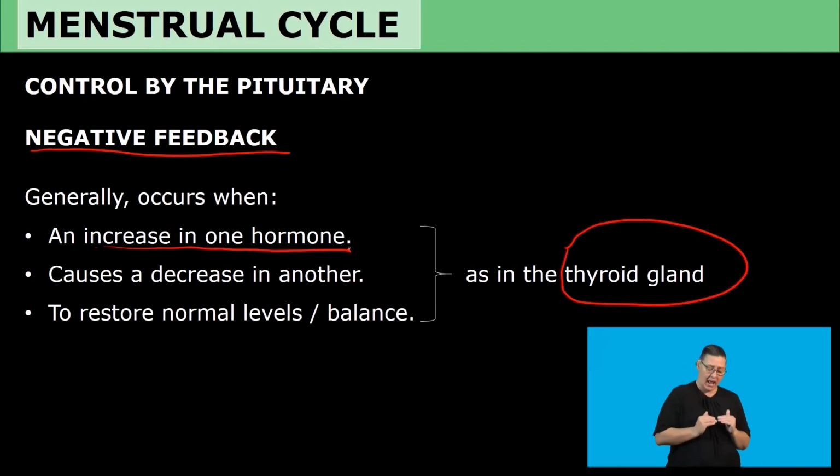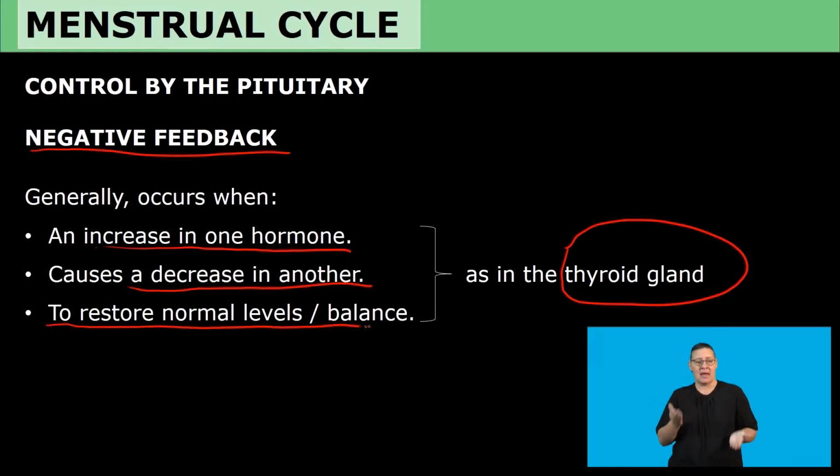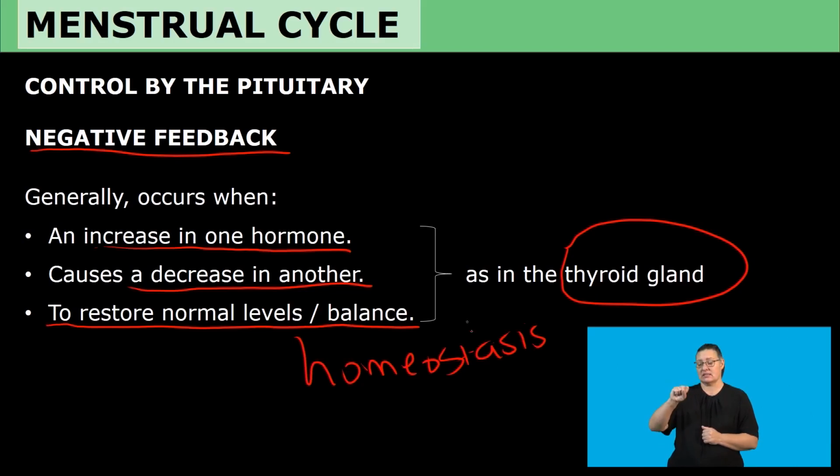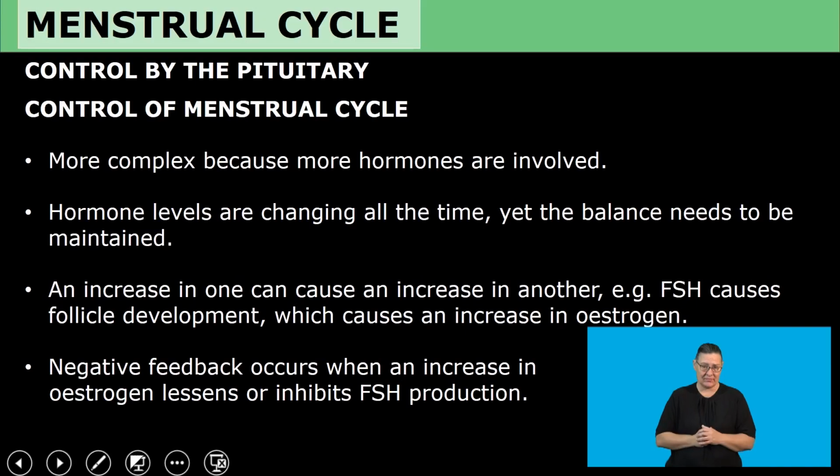So generally, when you speak about negative feedback mechanism, this happens when there's an increase in one hormone, which causes a decrease in another. And this leads to the restoration to normality or balance. Hence, we always speak about homeostasis, maintenance of constant internal environment.